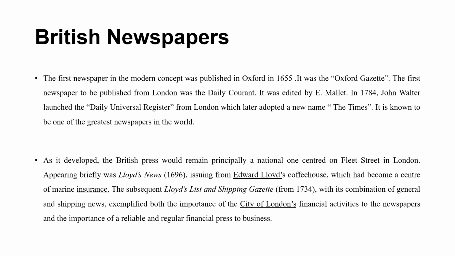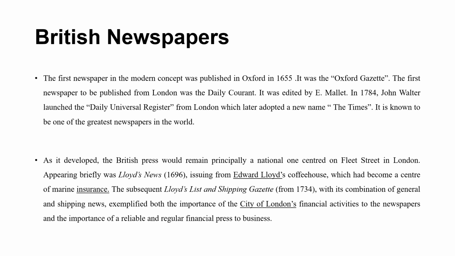As it developed, the British press would remain principally a national one centred on Fleet Street in London. Appearing briefly was Lloyd's News, 1696, issuing from Edward Lloyd's coffee house, which had become a centre of marine insurance.